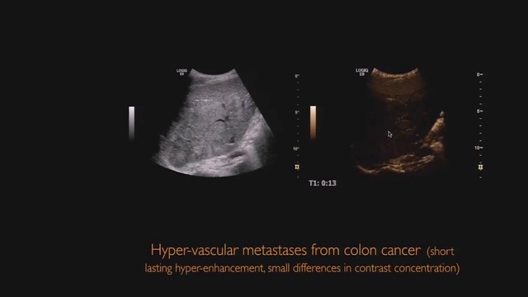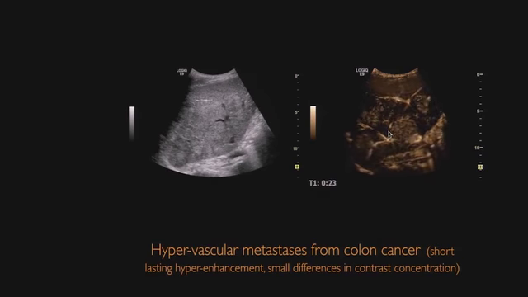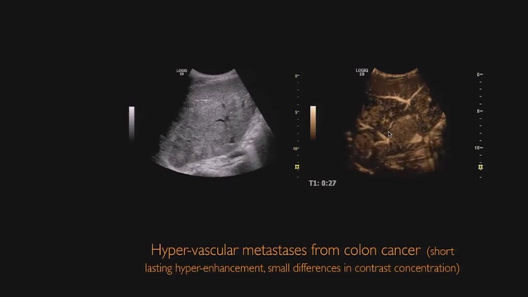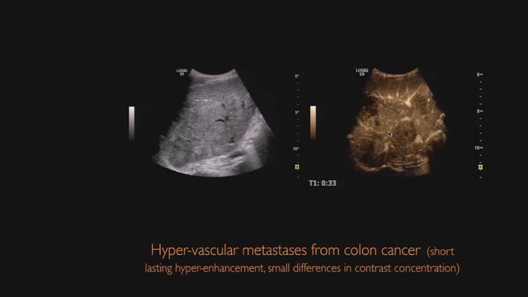And then you have a couple of seconds where you can see slightly hyper-enhancing lesions. You can see them here. You see the arteries being well defined from the portal veins that have a little bit less contrast filling. And now you can see they're washing out, and you can count them. So that is more convincing than the grayscale, I think, especially for follow-up.